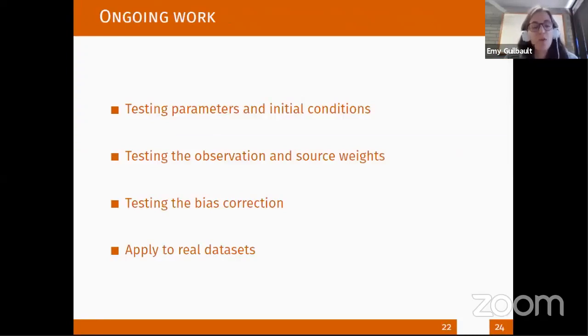It's ongoing work because we want to make sure about how we test the parameters and the initial conditions that we're using, set up the boundaries of the model, and how it can be used. It's important here to test every aspect of our implementation: scores, weights, bias correction, regularization method. So once we've got all that set up, we will apply it to real data sets.